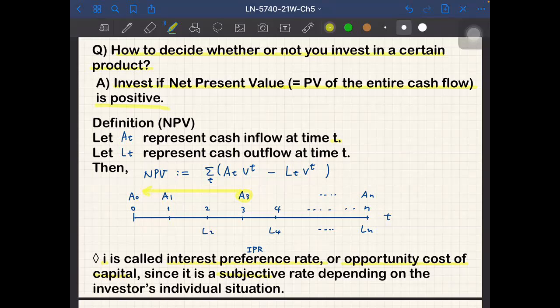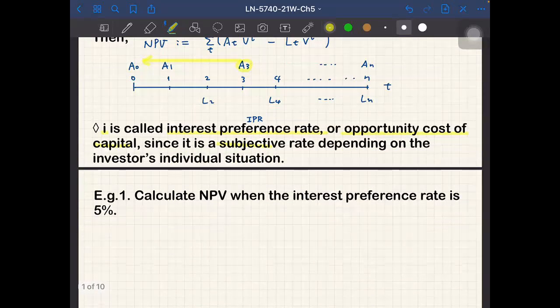For example, the insurance company has to finance to buy some product, and that comes with a unique interest rate for that financial institution. So maybe some companies have an interest preference rate of 3%, but in some companies, the interest preference rate is 2.5% or 4%. So this is a subjective rate to decide the investment. So we use a slightly different word, not annual effective rate, but interest preference rate.